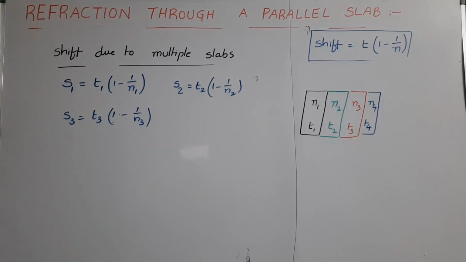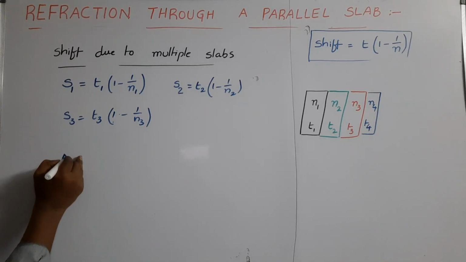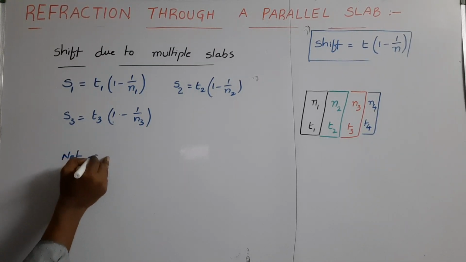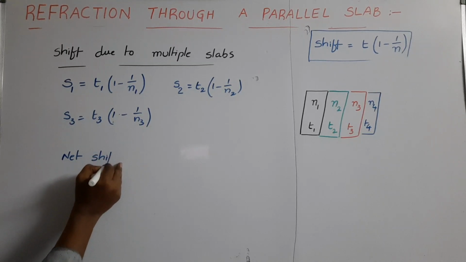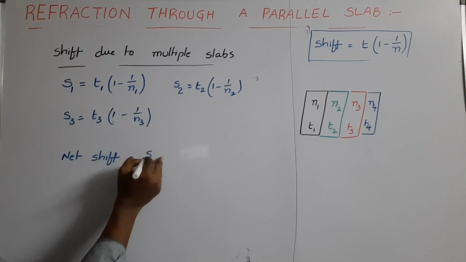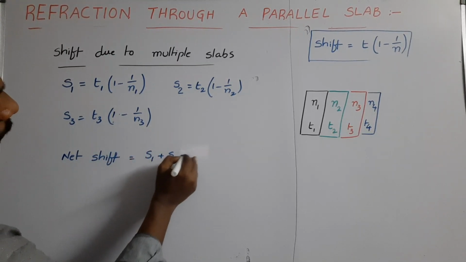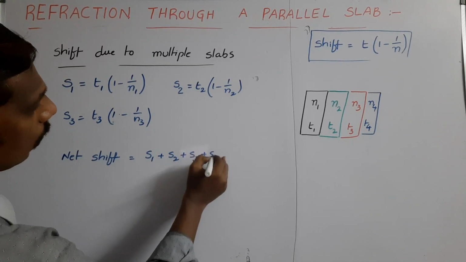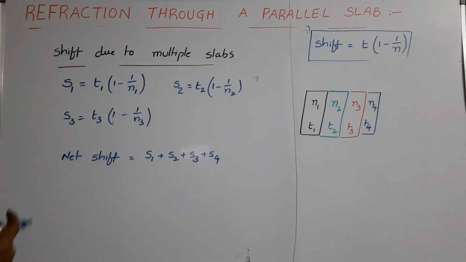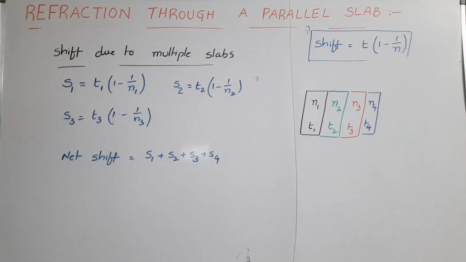In the same way we can write the rest. So the net shift is equal to S1 plus S2 plus S3 plus S4. Suppose more than 4 are there, plus S5 plus S6, we can write.